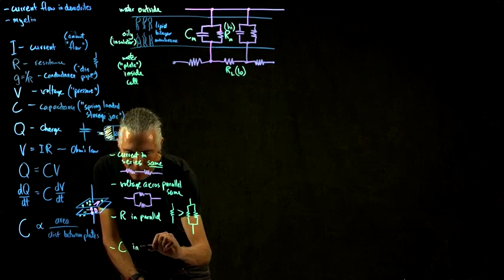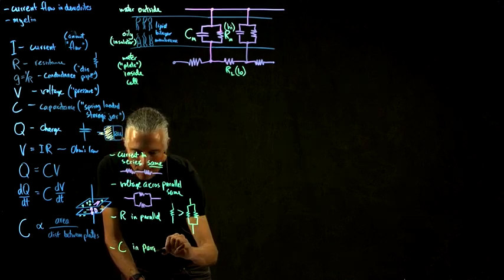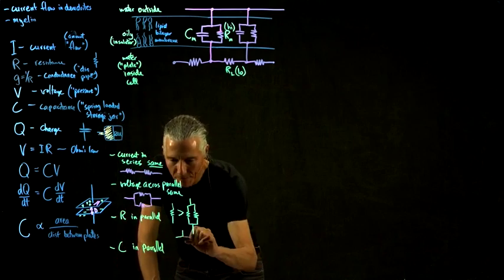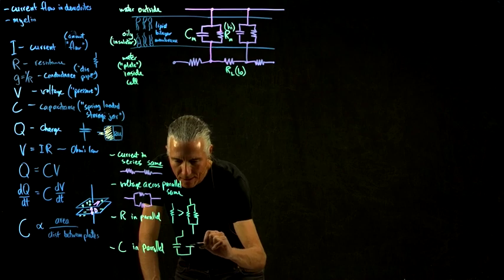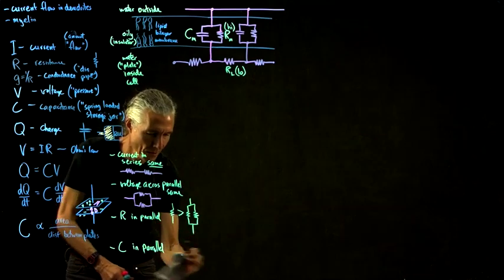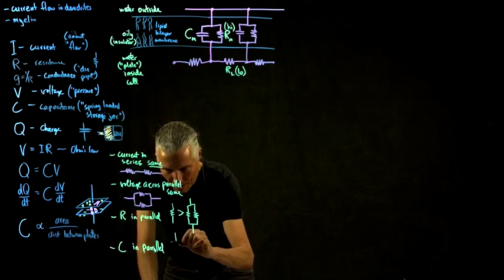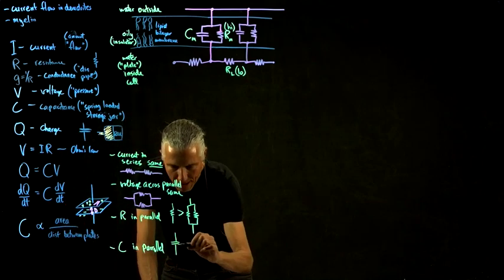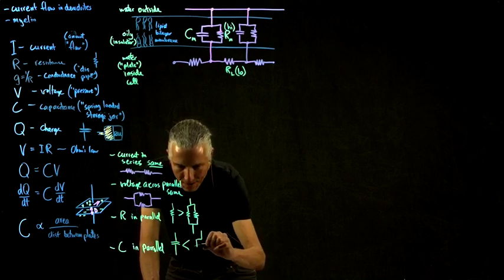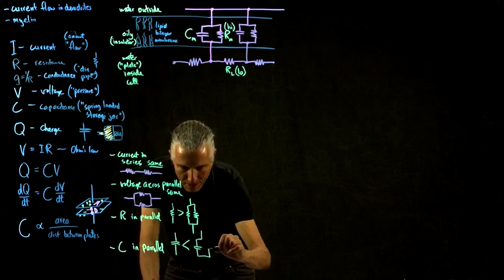Capacitors in parallel is the opposite. So if you put capacitors in parallel, it raises the capacitance. Let's do it again. If we take one capacitor, that's going to have less capacitance than two capacitors that are in parallel.